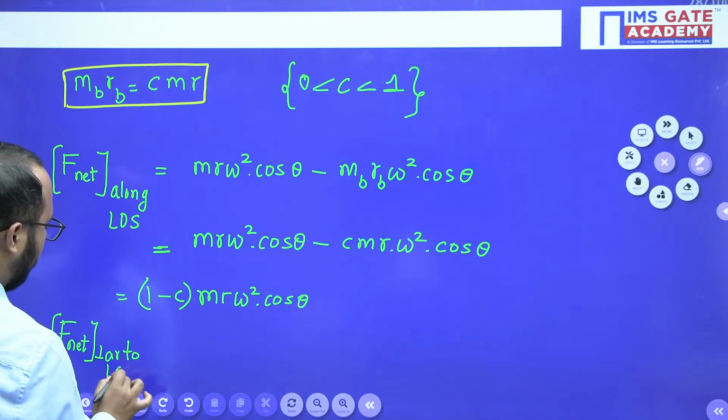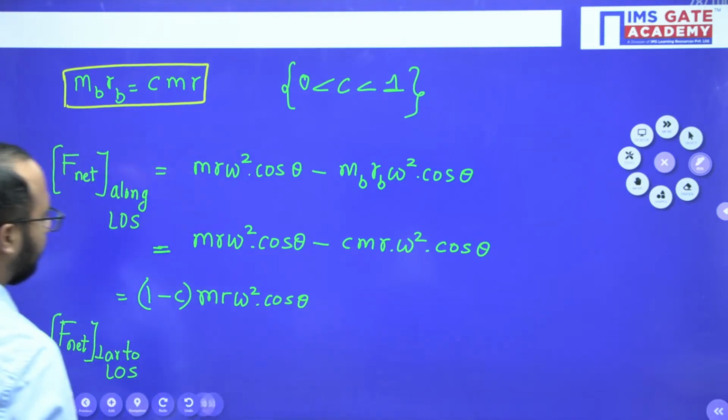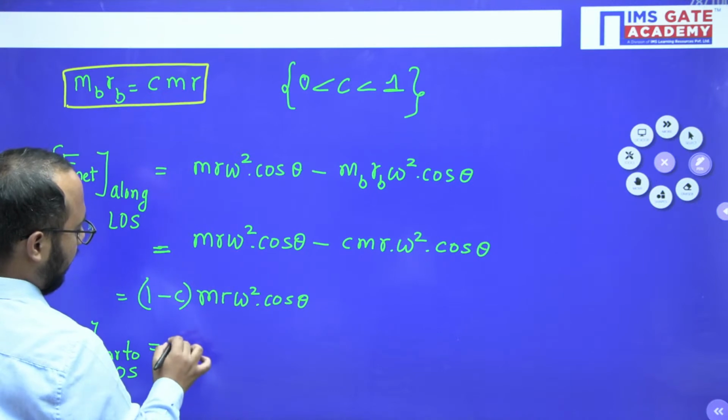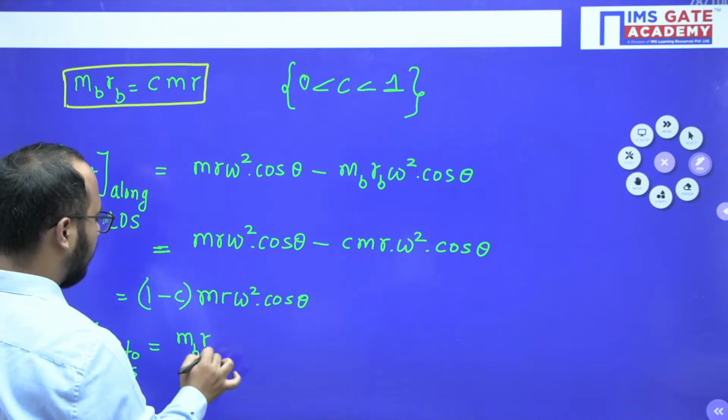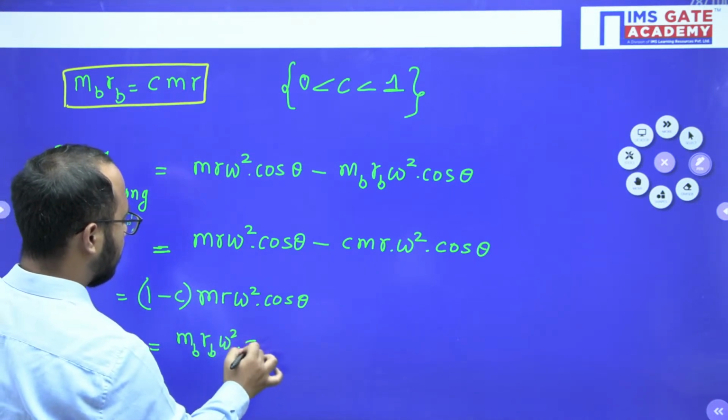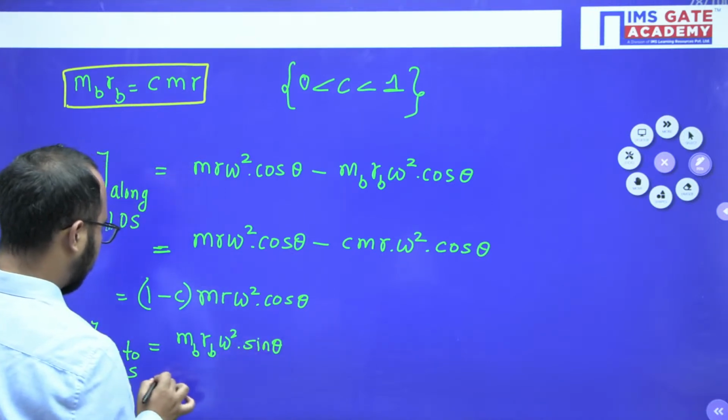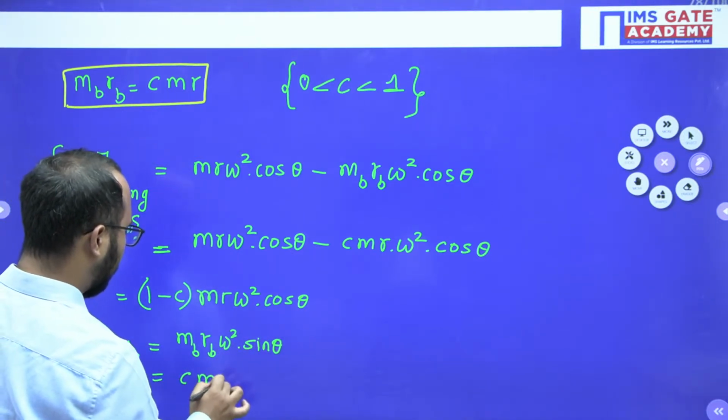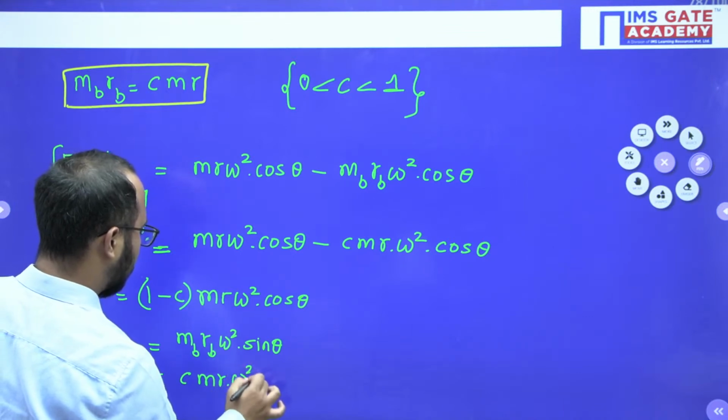Perpendicular to LOS, that is line of stroke, it is m_B r_B omega square sin theta, and you can replace m_B r_B as C into m into r omega square sin theta.